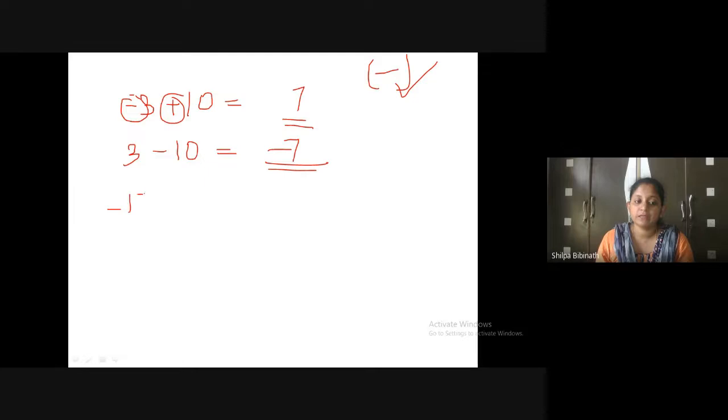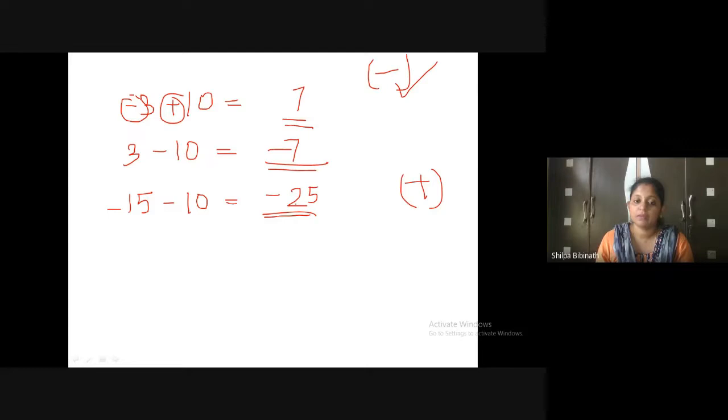Then minus 15 minus 10. What will be the answer? When you see two negative numbers, you are always going to add. So when you add 15 plus 10, what will be the answer? 25. Now about the sign. As both are having minus sign, the answer will also have a minus sign. So the answer will be negative.